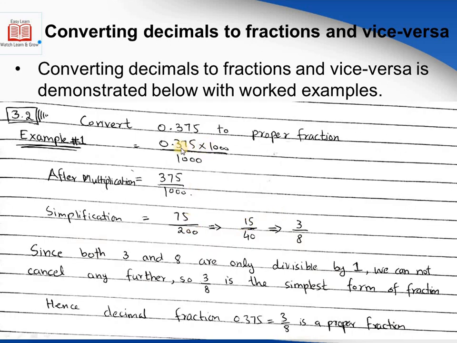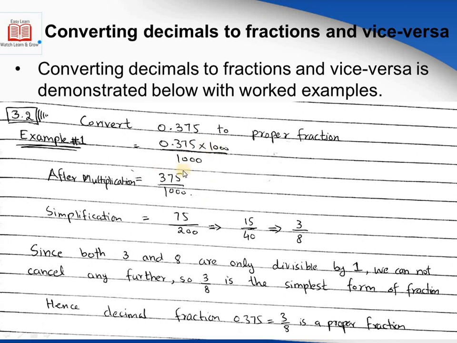Just multiply this 1000 with this number; in other words, this is 10 raised to power 3. Remember that when you multiply the fractional number like this, the dot no longer exists after multiplication.